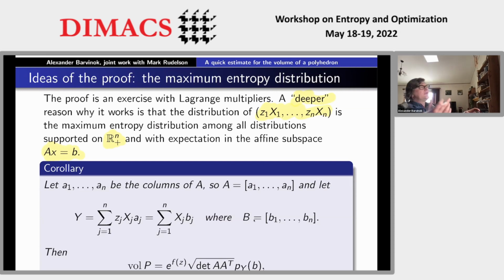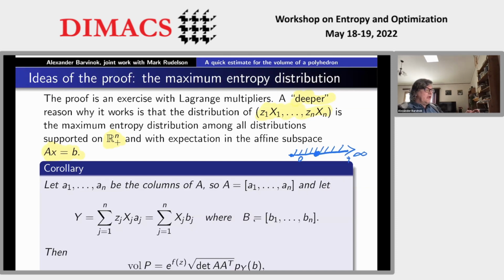The one-dimensional case of this result is that if you ask what's the distribution of maximum entropy supported on the non-negative ray with a given expectation, that will be an exponential distribution. If the expectation is 1, that will be standard. Otherwise, you just scale it by the required expectation.